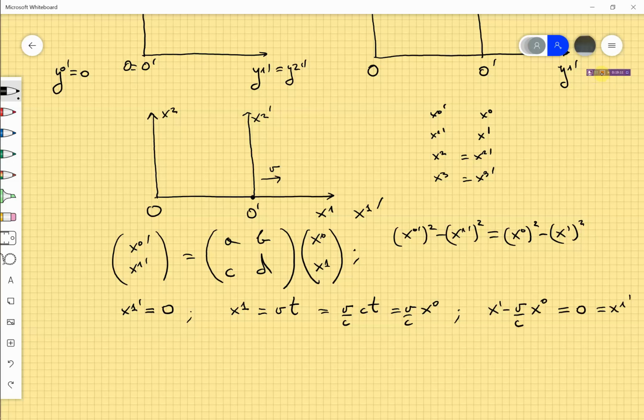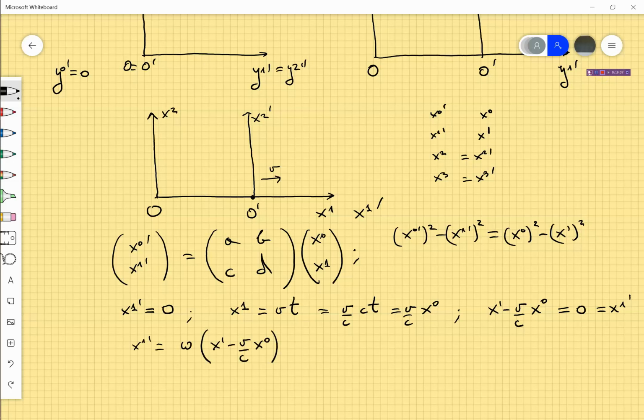Now, since the relation between x1 prime and x1 and x0 is linear, the most that can happen that preserves this property, because this is always true, is that x1 prime is some factor, some coefficient to be found, times x1 minus v divided by c x0.